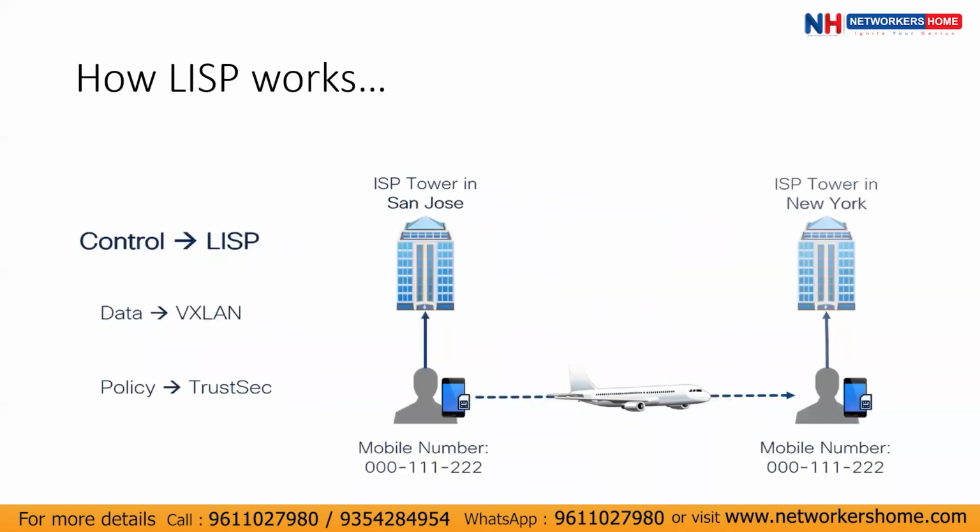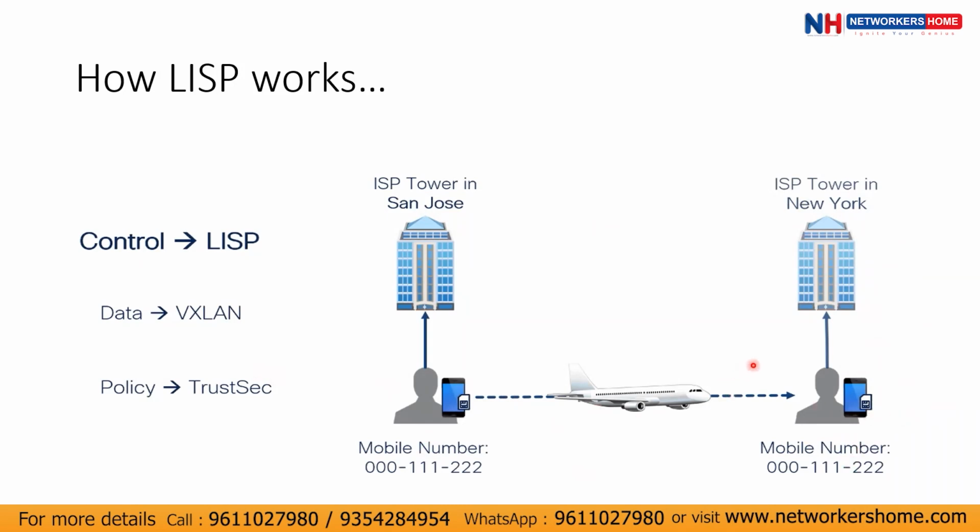Now, if you see the same user going from one location to another location, the number would remain the same, but the location of the tower from where they are getting the signal has changed. So here it was San Jose, here it is New York. Based on that, we can identify that the user has moved from this building to this building.